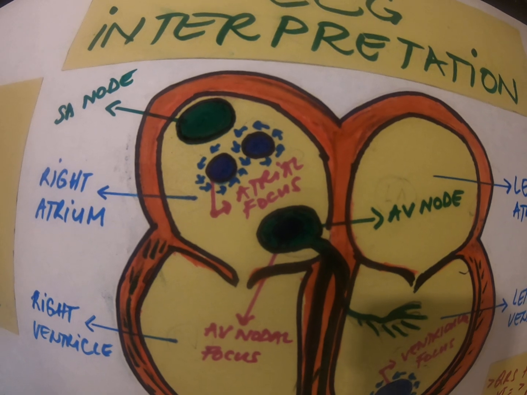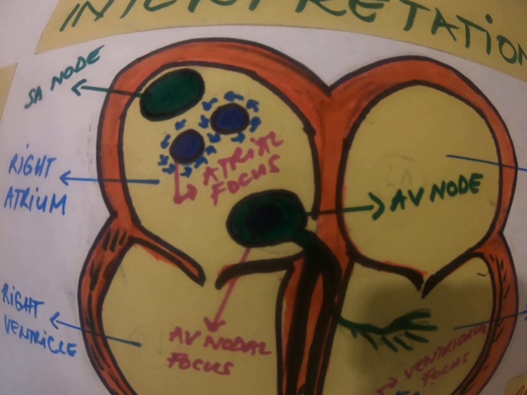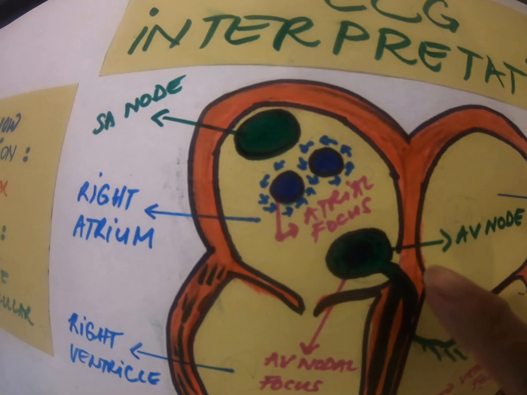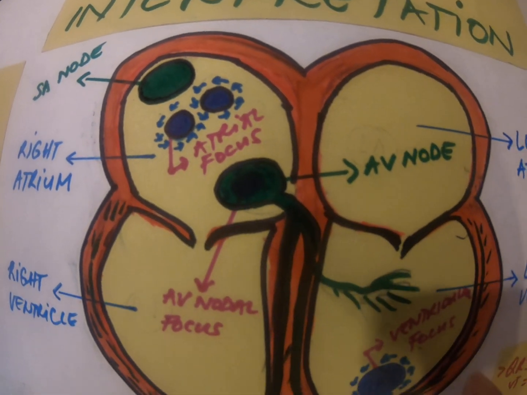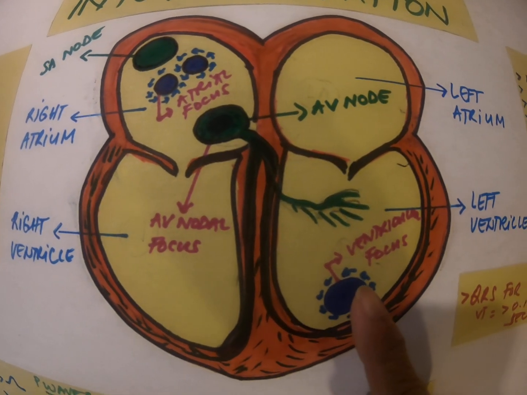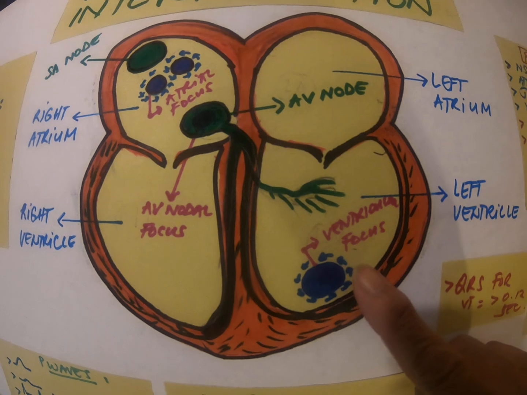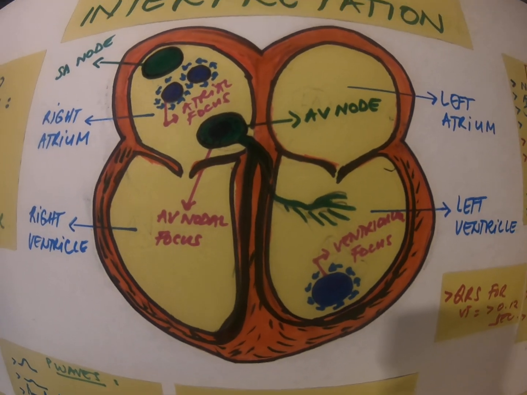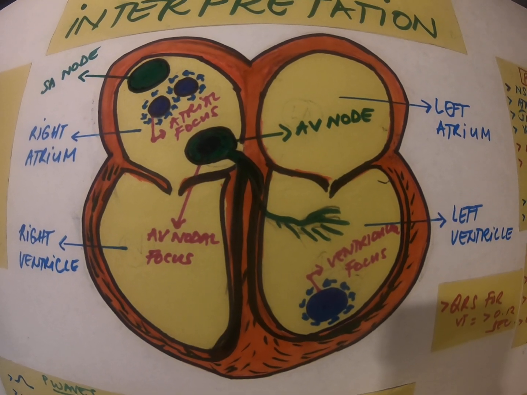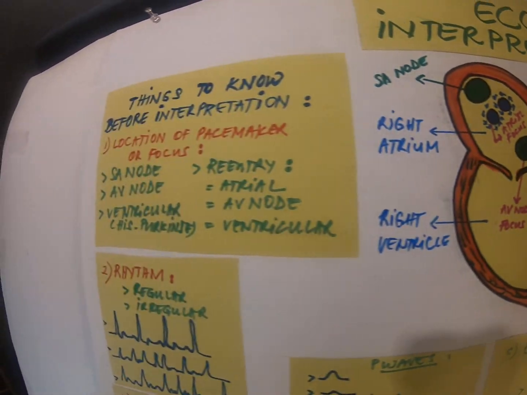And there is another one that could act as a pacemaker, and that is located inside the AV node, right here. Or it could happen either on the right or on the left ventricle, this one here. Reentries, they could go in circle, on and on. The rate is fast.